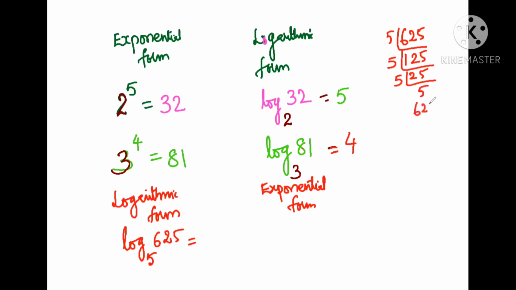So 625 can be written as 5 to the power of 4. Therefore, here the answer is 4. So 5 should be raised to the power 4 to get 625. So we can write this exponential form as 5 to the power of 4 is equal to 625. In this way, if a logarithmic form is given, we can write its exponential form, and if exponential form is given, logarithmic form like this.